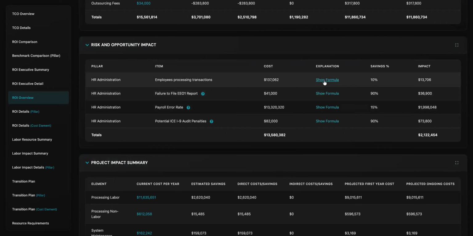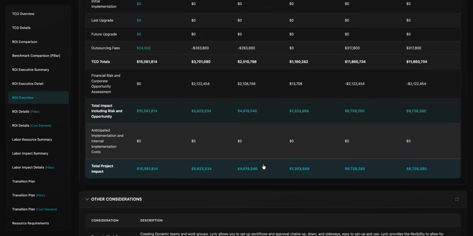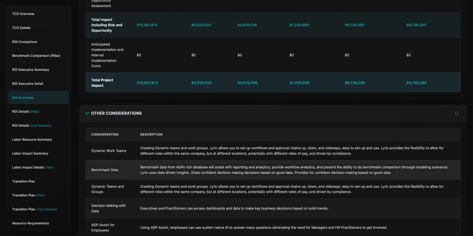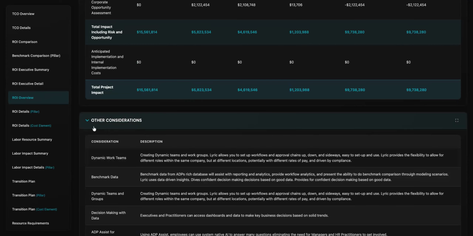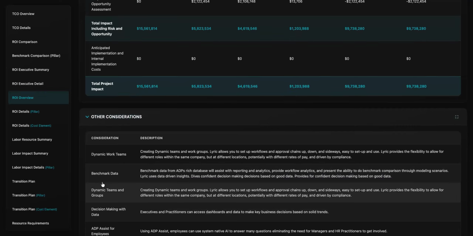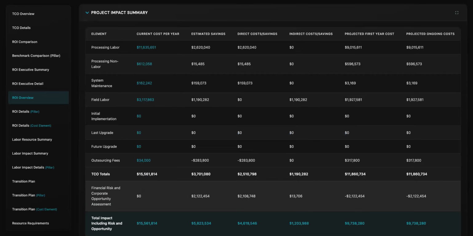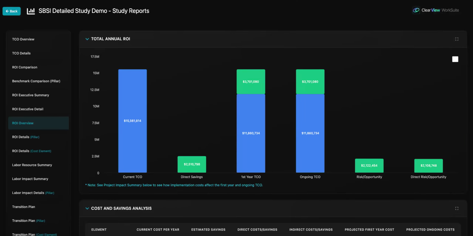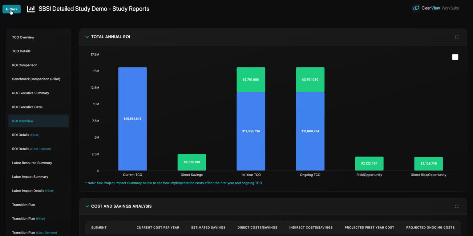We can review the formulas. And then this is kind of bringing everything together as well as letting us document other things that might not have a financial dynamic to it, but things that we want to talk about that would be compelling reasons why to make the change. So that's the ROI report.